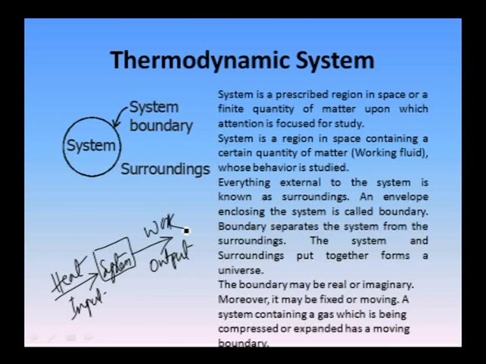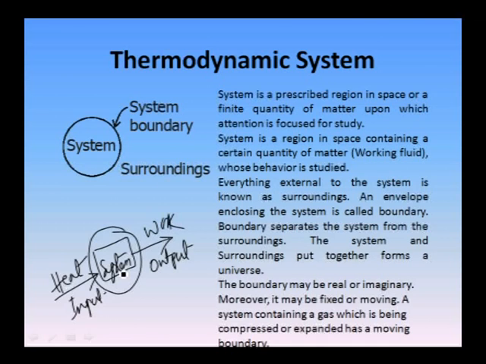Now let us understand what you mean by thermodynamic system. A system is a prescribed region in space or a finite quantity of matter upon which attention is focused for a study. A system can be defined as a place where some thermodynamic activity will be happening.